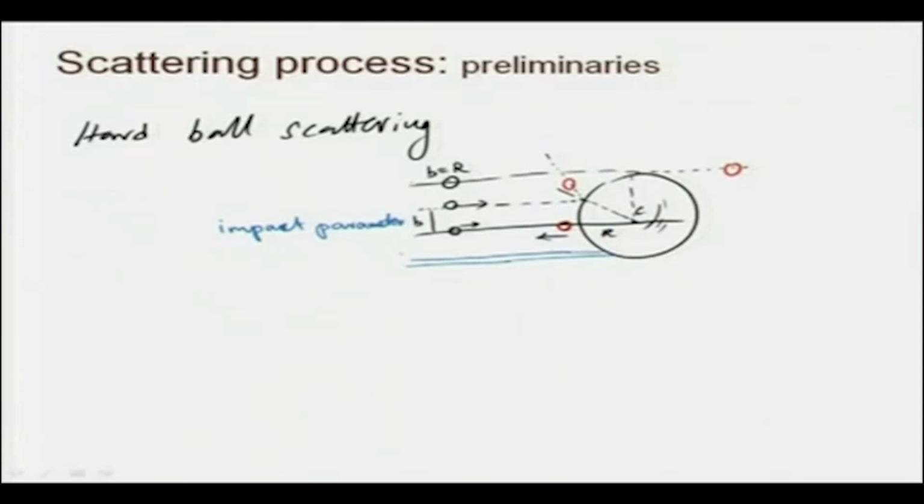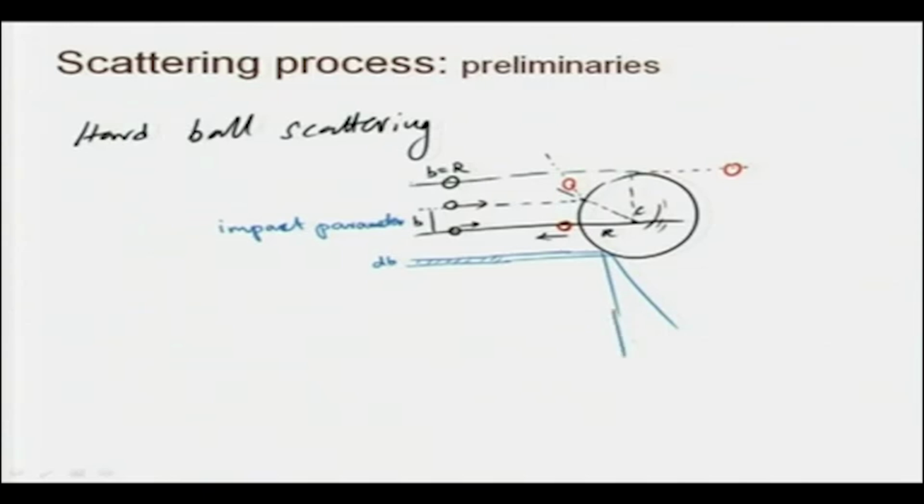Let us take a small section of that beam denoted by dB. I am not indicating the individual balls, but many small balls are there in this blue band, and you see that they will reflect as a result of scattering and come out at some angles.